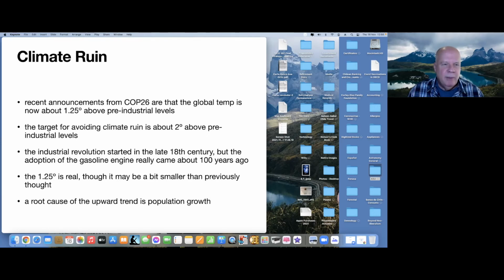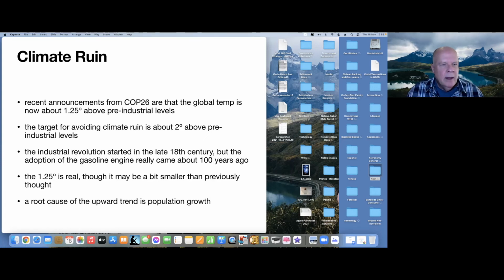They were all happy about that because they were afraid that we were already at 2. Because the target for avoiding climate ruin, and getting into some kind of perpetual motion machine as far as the climate is concerned, heading toward disaster, is about 2 degrees above pre-industrial levels.